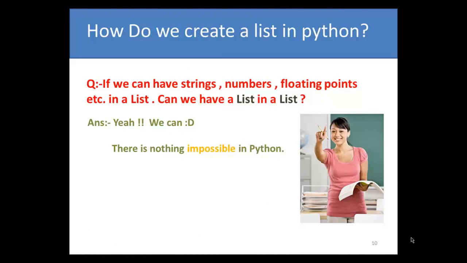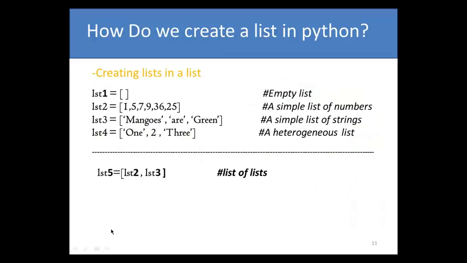So now we have seen how to create lists in Python. We have created lists of numbers and strings. Now a genuine question is, can we create a list of lists? As we said, nothing is impossible in Python. Yes, it is possible, and we are going to show how it's done. Here we are creating a new list, lst5, and it has two elements in it, lst2 and lst3.